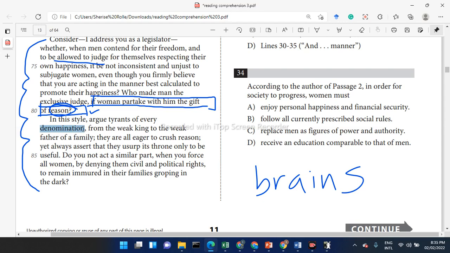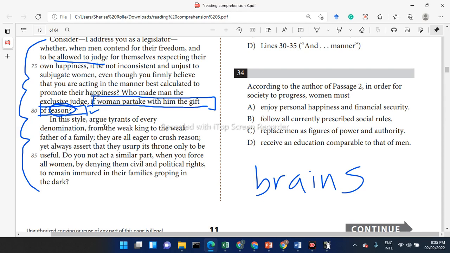They made the case that even though both of us have brains and both of us could think for ourselves, because we hold some authority, we could tell you what's best for you. You see what I'm saying? It's kind of weird.